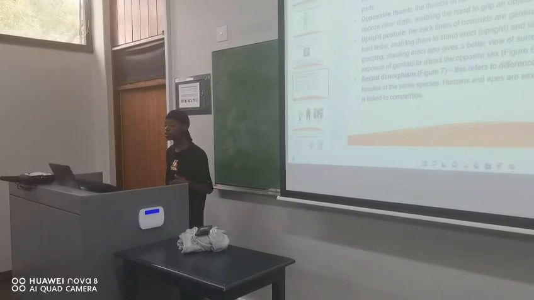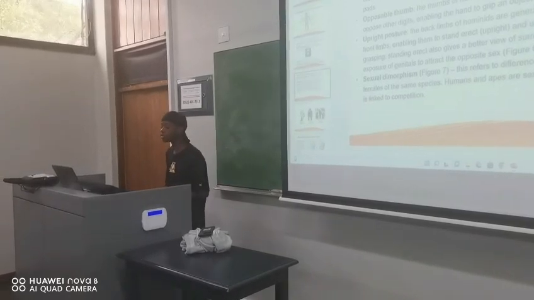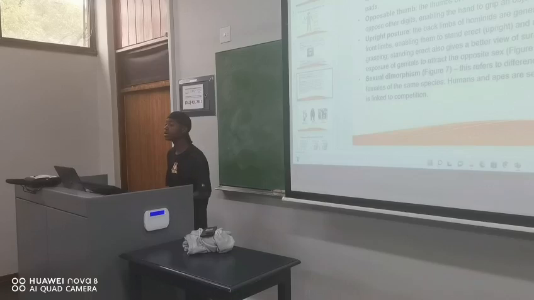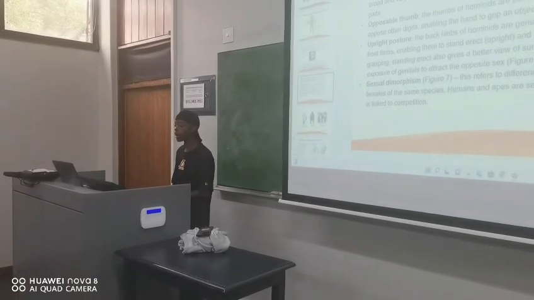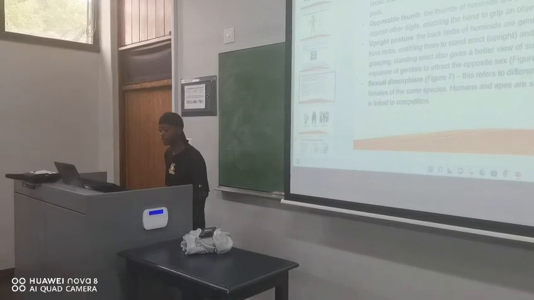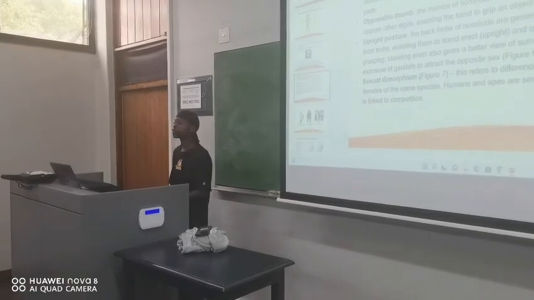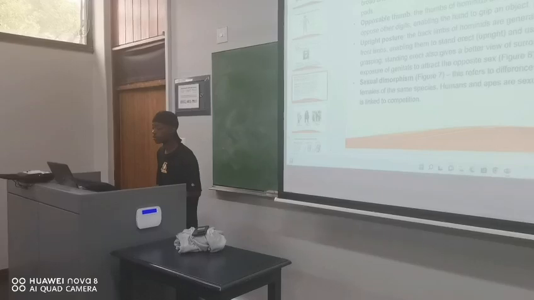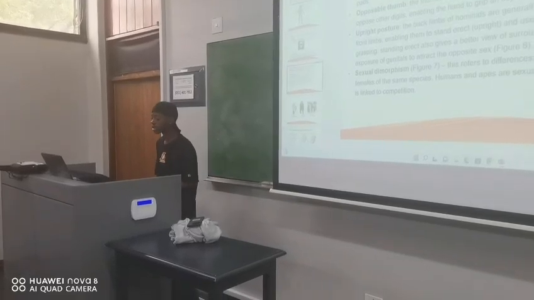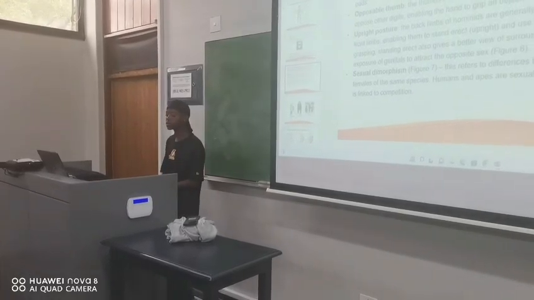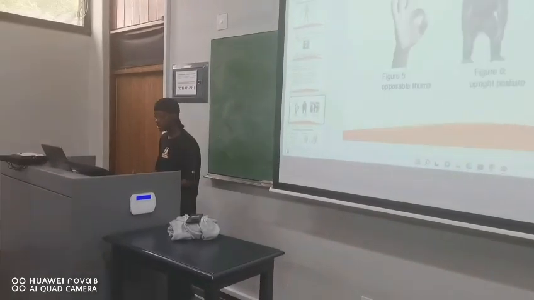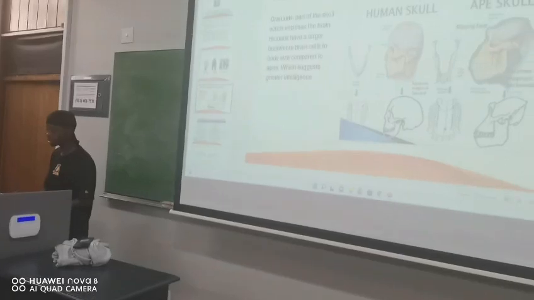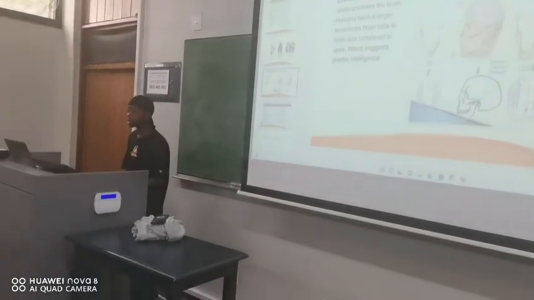They have an upright position. The back limbs of hominids are generally stronger than their front limbs, which allows them to stand upright and firm. They have sexual dimorphism, which refers to the difference between males and females of the same species. And also that's it for the similarities of humans and apes.